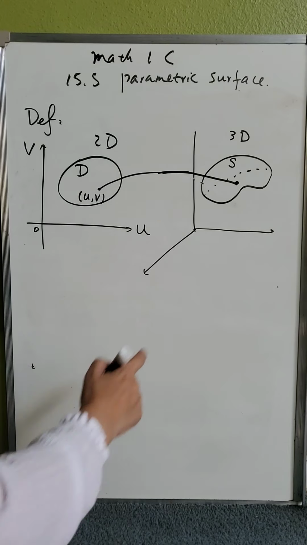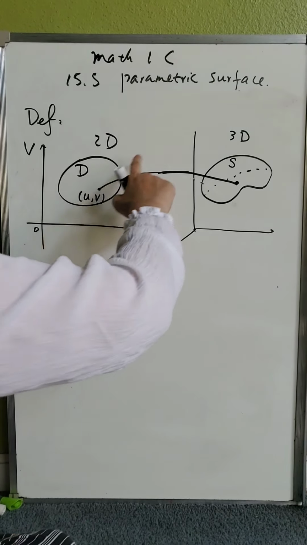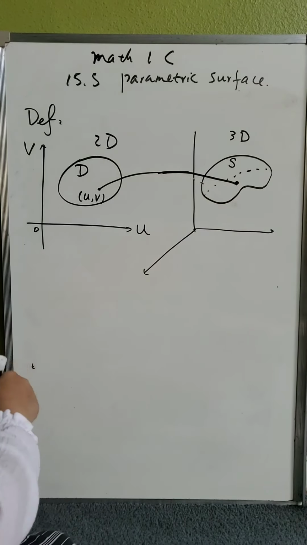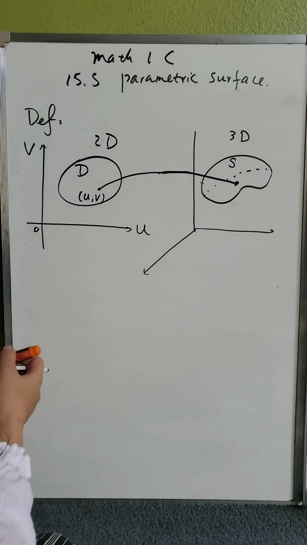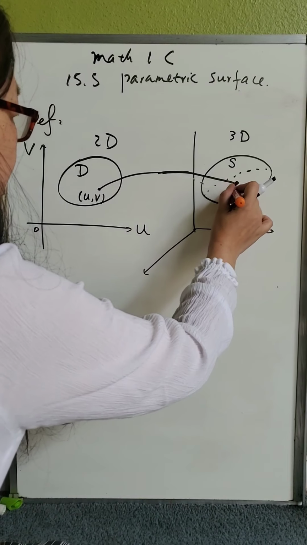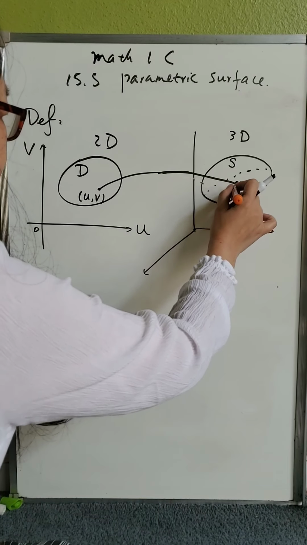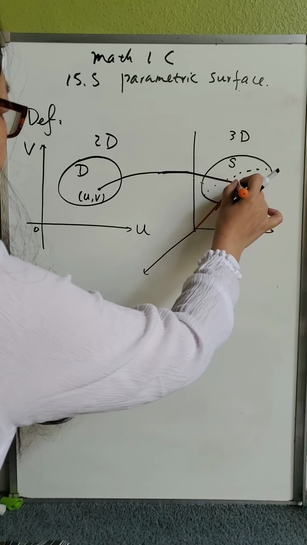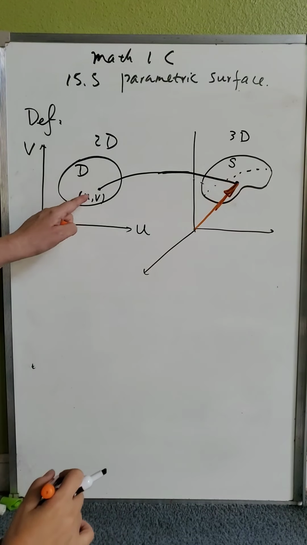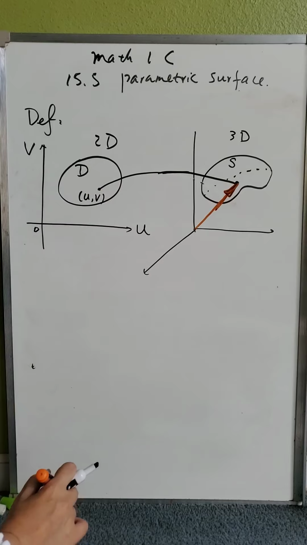Once you get there, that point in the 2-dimension goes to 3-dimension, and it becomes a vector. So this point here becomes a vector.